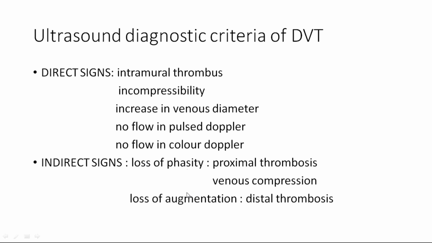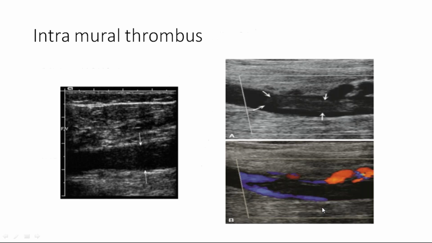Indirect signs include loss of phasicity with the Valsalva maneuver, where the proximal thrombus is seen proximal to the spectrum, and loss of augmentation is seen distal to the thrombosis.